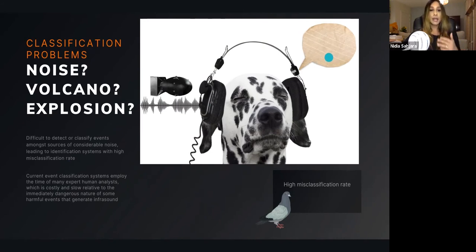And the thing is that currently we have classification systems that are not only human, but we have some computational methods, but we also have to heavily rely on human analysts. That's very slow because expert human analysts are very expensive, and the nature of the threat, an explosion, may not be a destructive explosion.